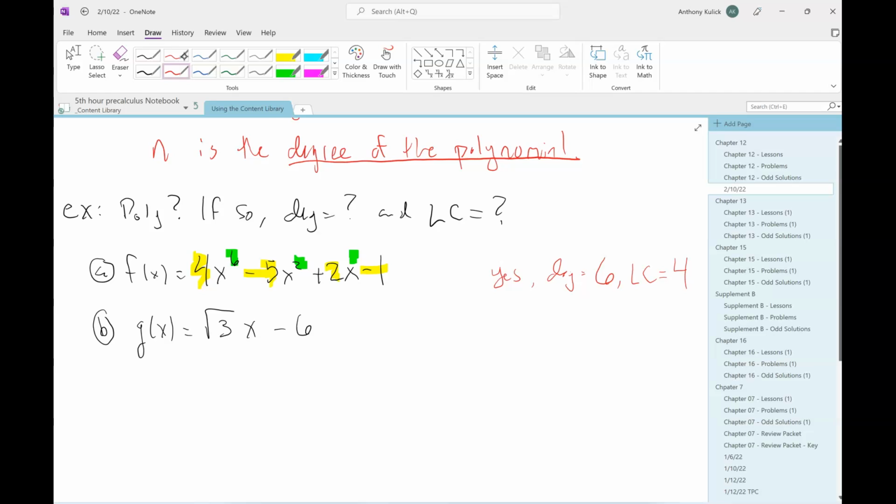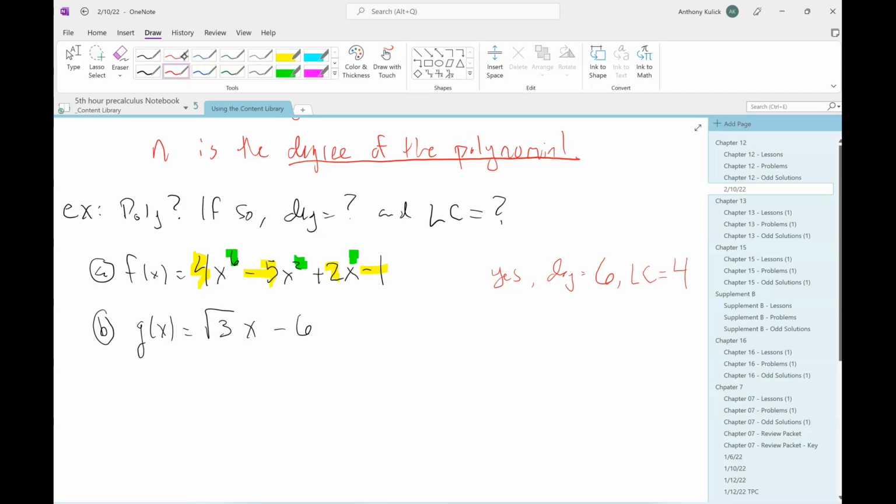You say no. Okay? So what are the things that we need to check? Or actually, let's start here. Jack, why do you say no? Because of the square root there. Right? Now, kind of depends. The square root in there doesn't necessarily make it not a polynomial. It depends on what's underneath the square root.